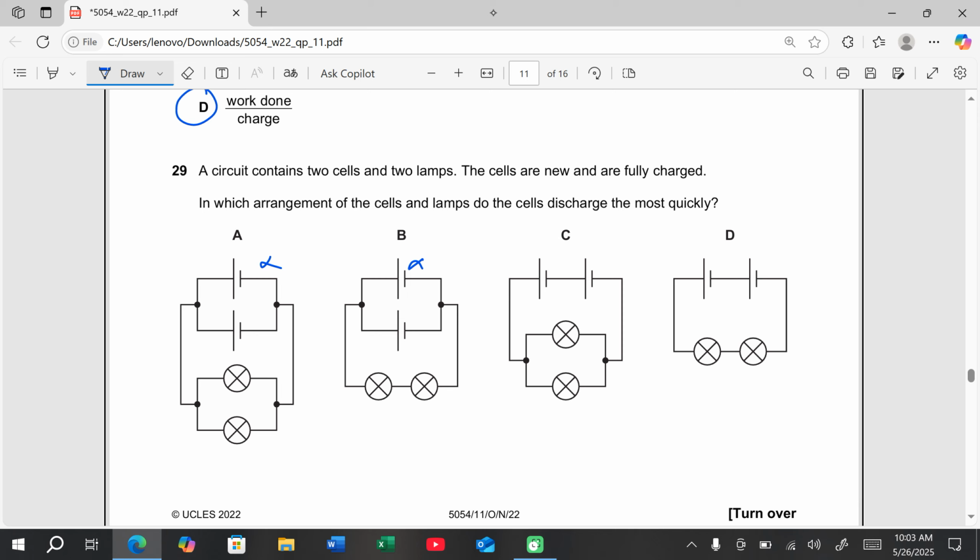And the bulbs should also be in series so that maximum resistance can be applied. No, sorry. It says most quickly. This one, because this is going to get equal number of volts. For example, if it had 12 volts, it is going to get 12. So it is going to get discharged more quickly.